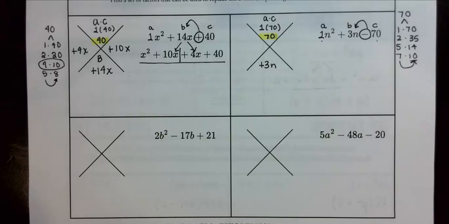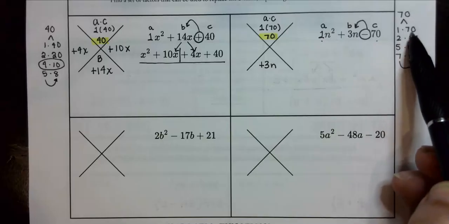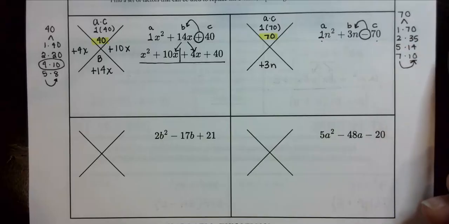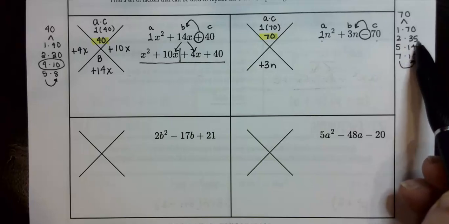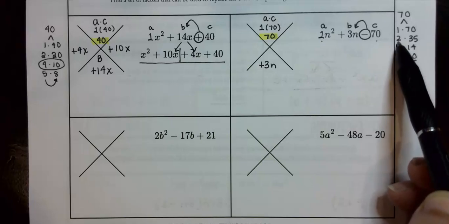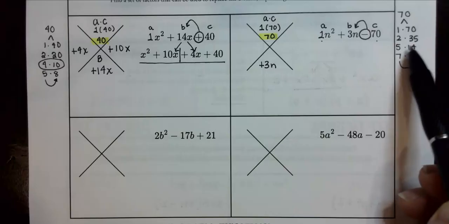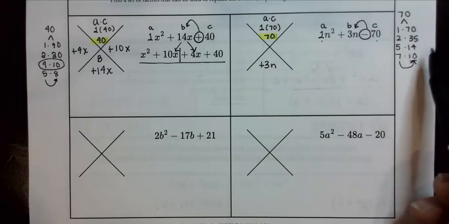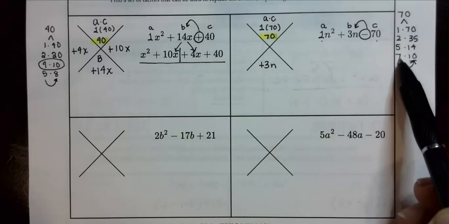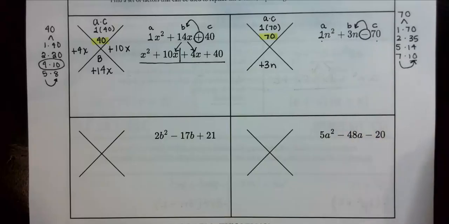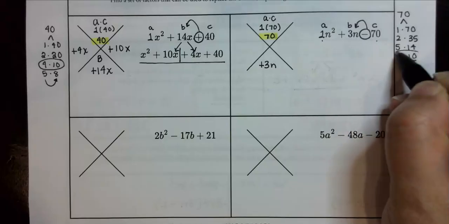Okay? So if I say 70 minus 1, it gives me 69. If I do 35 minus 2, it gives me 33. 14 minus 5, 9. 10 minus 7 does give me 3. So I'm going to use these two numbers.